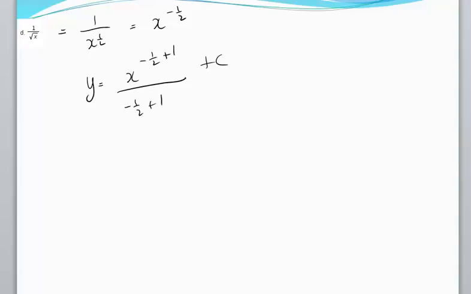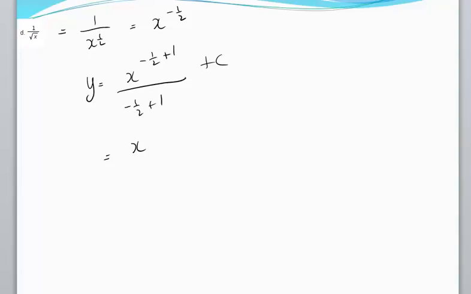So now moving on to d. Here we have 1 on root x. If we've worked out from before, root x is x to the power of a half on the bottom, so if we move it up, it's going to be x to the negative a half. Now when we integrate this, we'll end up with y is equal to x to the minus a half plus 1, plus our constant c, divided by minus a half plus 1.